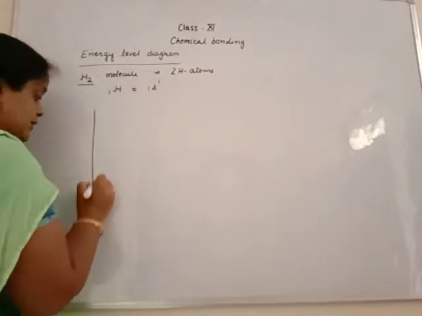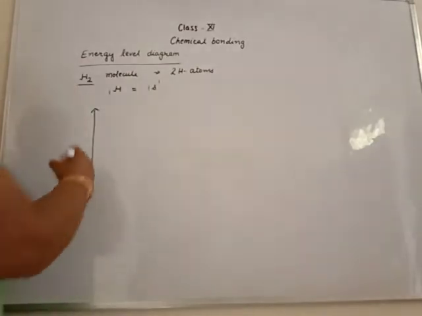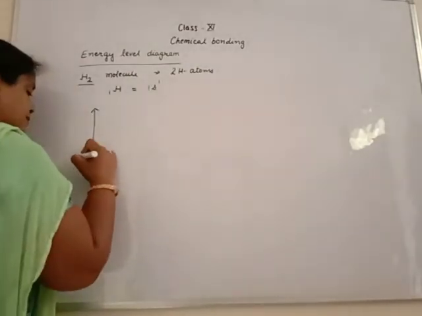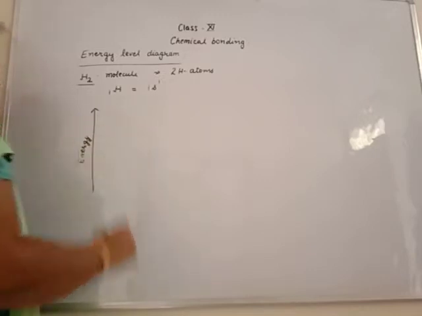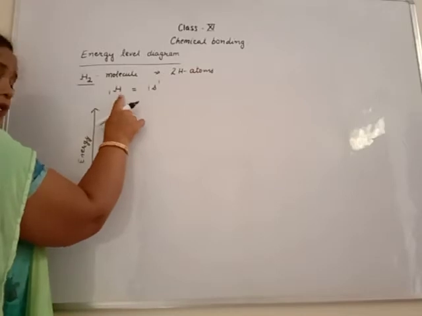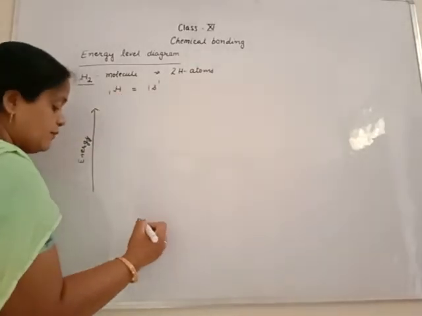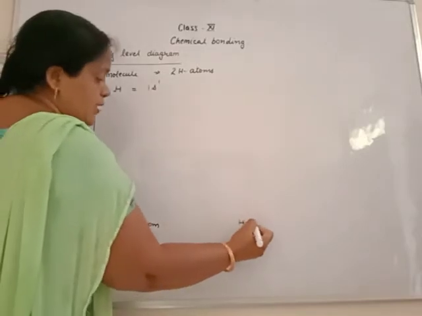Beta, in the energy level diagram, energy always increases upward. You will write energy. Then this molecule is formed by atoms. So beta, one hydrogen atom, and this is the other hydrogen atom.